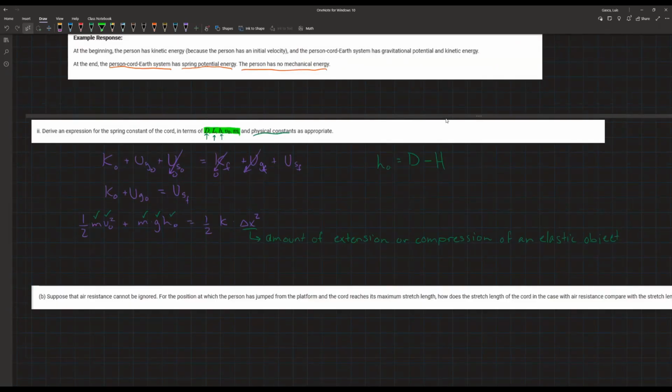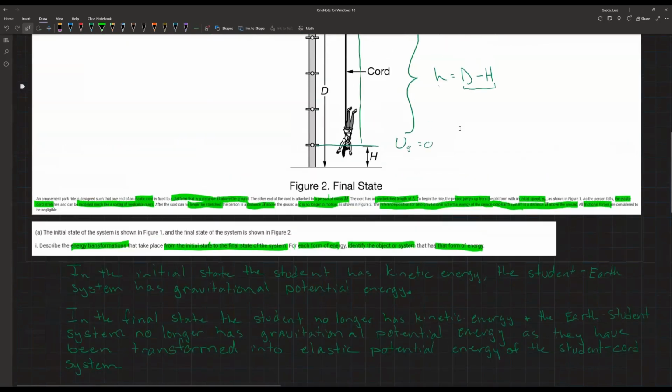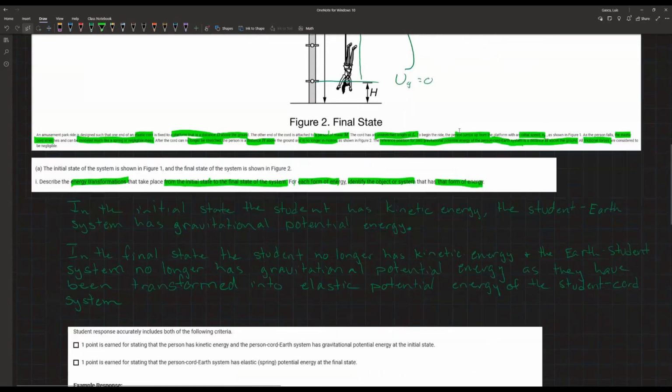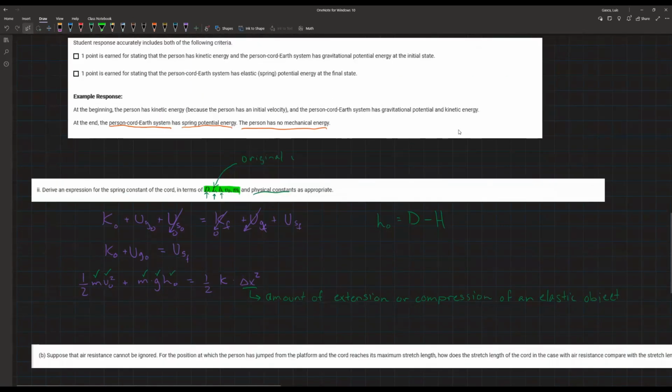The next thing is we need to ask ourselves, well, how much did the cord stretch? Well, they tell us that the unstretched length, this is the original, let me make sure here, because I think I'm making an assumption. Yeah, big L is the original unstretched length.